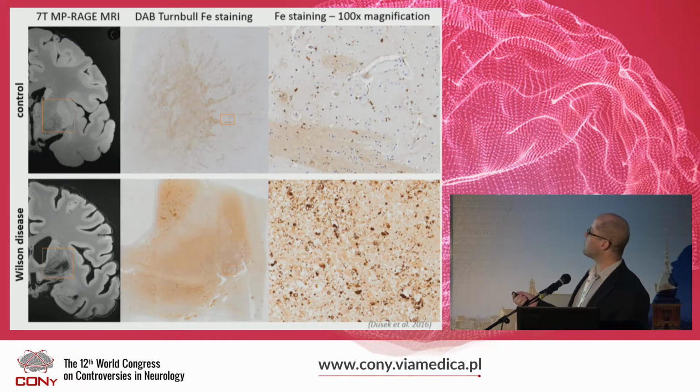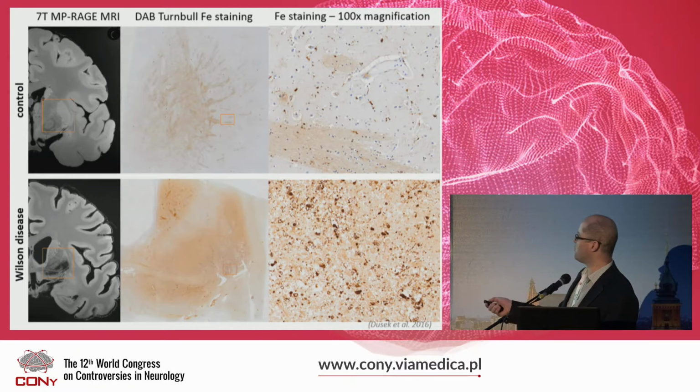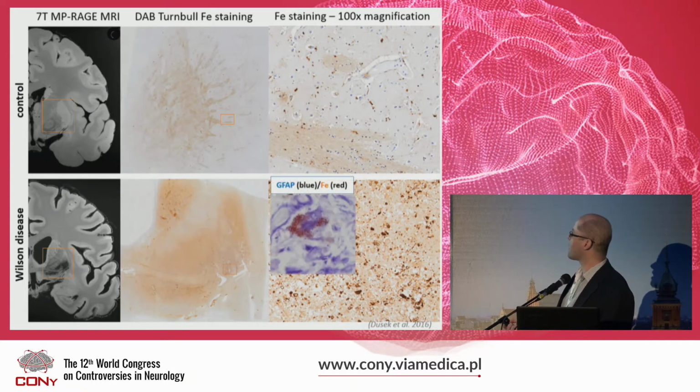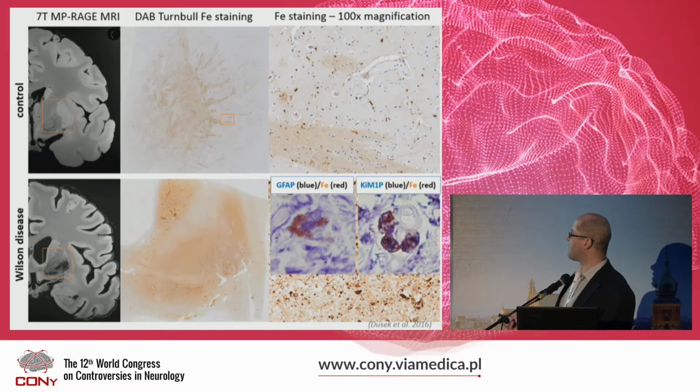On high power images, you see that the Wilson putamen is completely messed up, and there are huge spots with iron staining. And when we did the double staining, we found that the iron is contained in astrocytes, so double staining GFAP and iron, but mostly in macrophages, so KiM1P and iron, predominantly present around vessels.